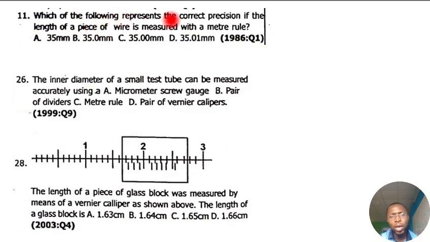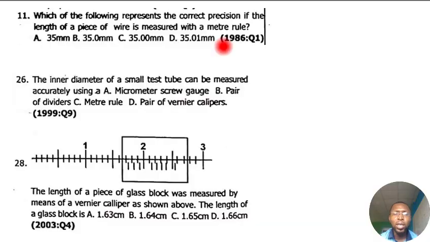It said, which of the following represents the correct precision if the length of a piece of wire is measured with a meter rule? Now we have 35 millimeters, we have 35.0 millimeters, we have 35.00 millimeters, and we have 35.01 millimeters.